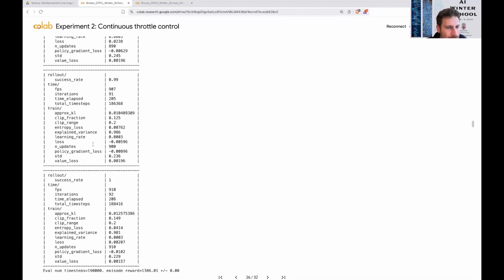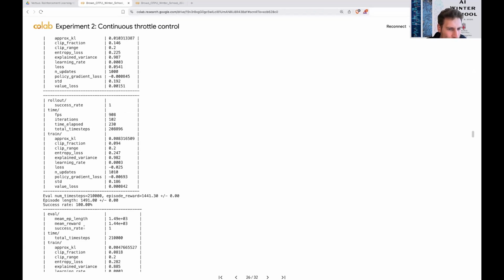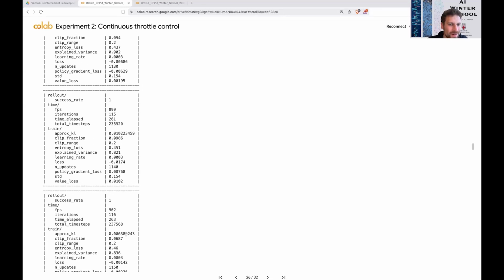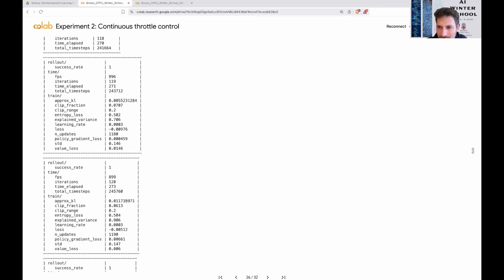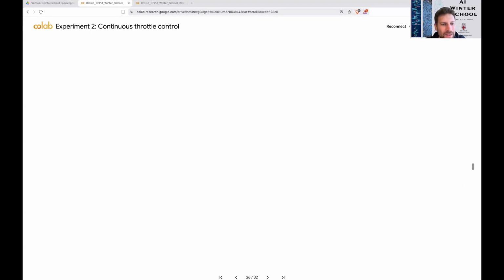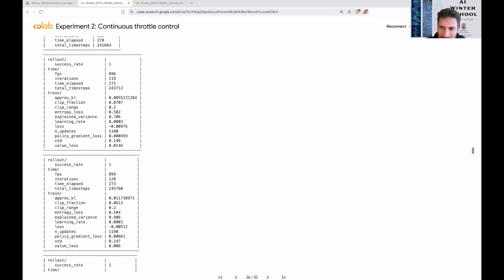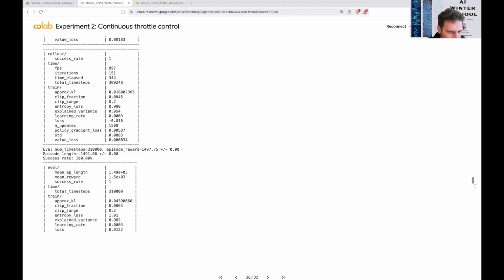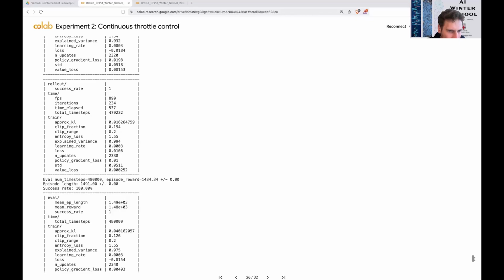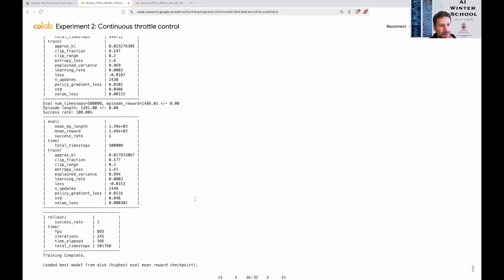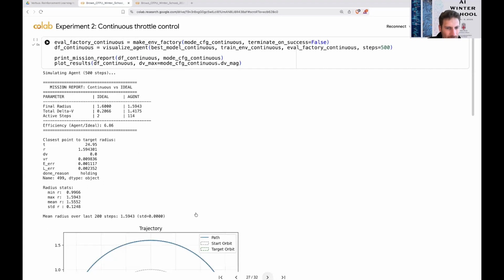And by the end, we should stick around one if things are working well. Okay, so that looks good. And we probably trained for a bit too long. As you can see, about halfway through, we were already converged at one. But in any case, we complete training successfully and load the best model from disk.